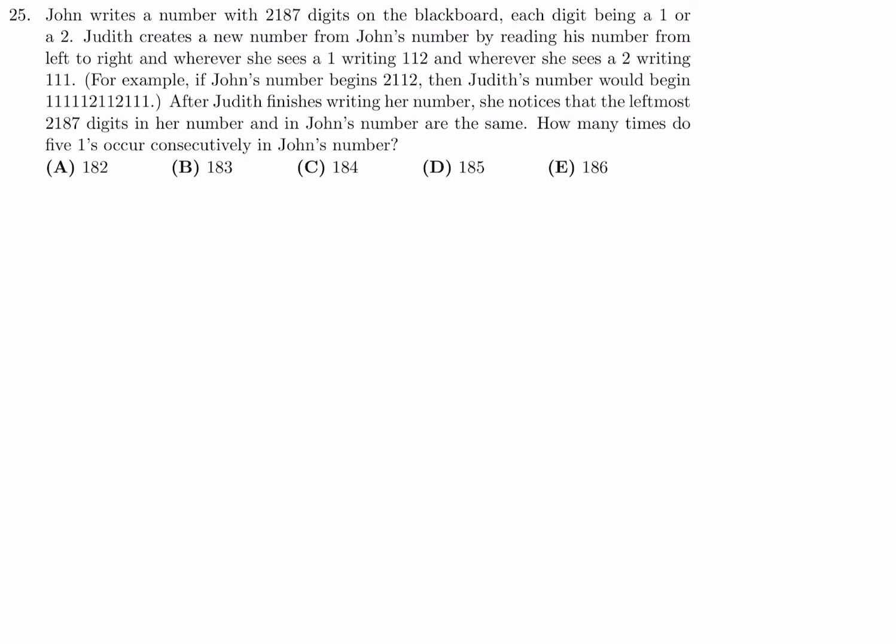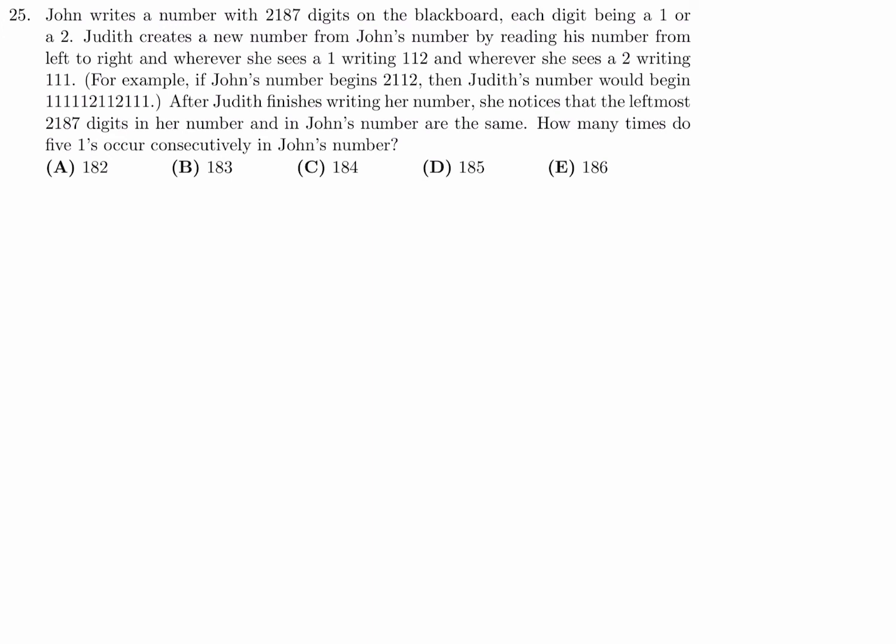For example, if John's number begins 2112, then Judith's number would begin 111, 112, 112, 111. After Judith finishes writing her number, she notices that the leftmost 2187 digits in her number and in John's number are the same. How many times do 5 ones occur consecutively in John's number?